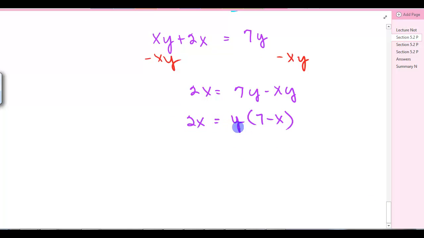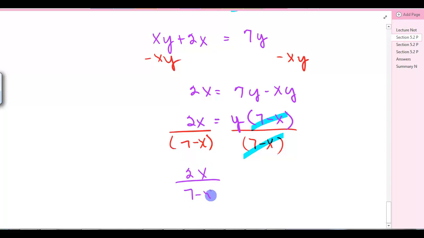And since we're trying to solve for y, then let's divide both sides by 7 minus x. And so that's gone there. And we over here do have our final 2x over 7 minus x equals y. And that's what will be your inverse. And I think that will get you through 5.2.